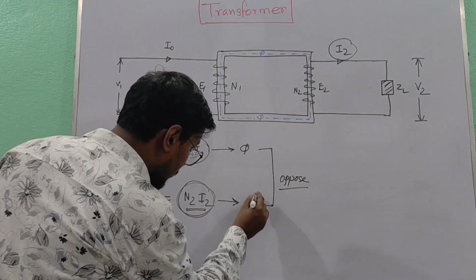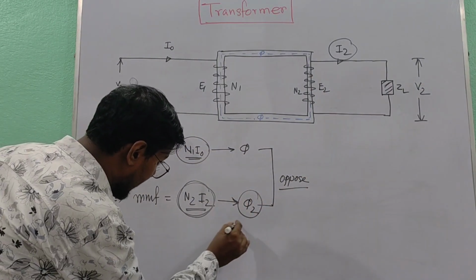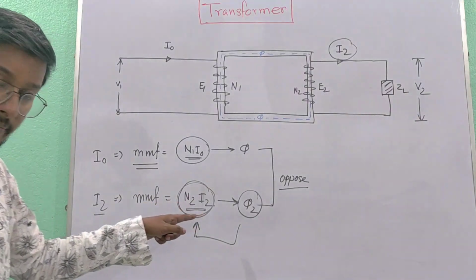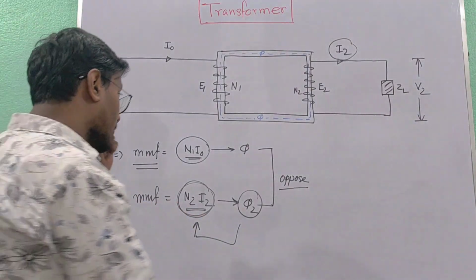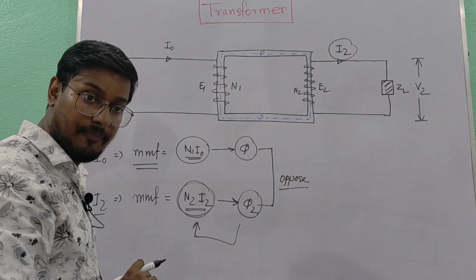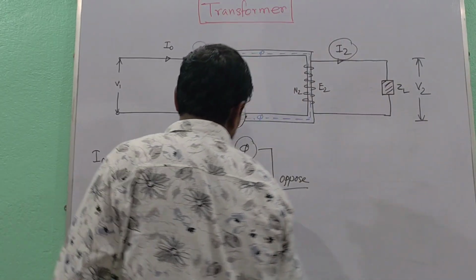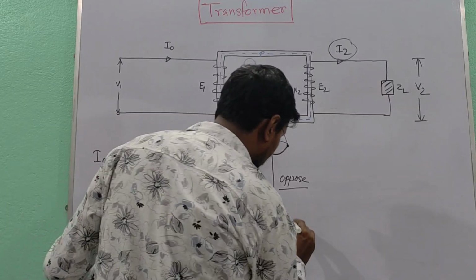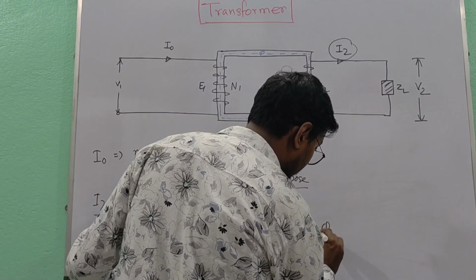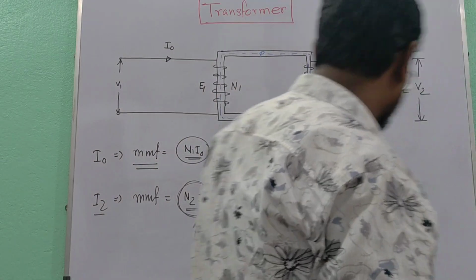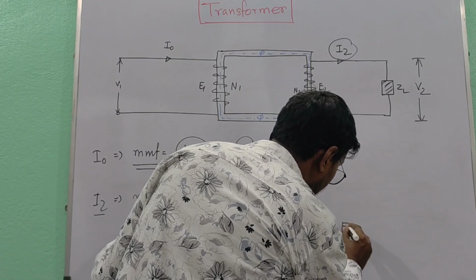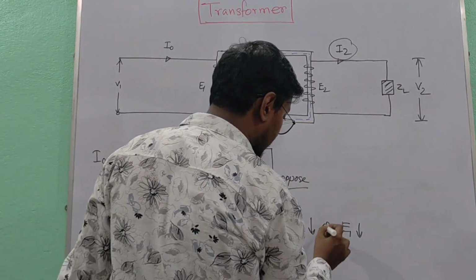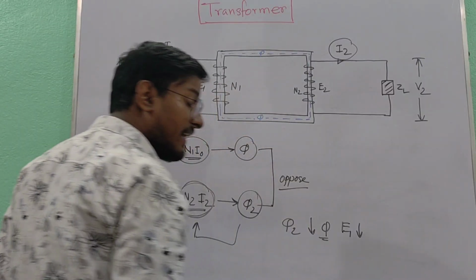That means phi 2, produced by the demagnetizing ampere turns of secondary current I2, that is N2 I2, will oppose the main flux phi and try to weaken it. And hence the primary back EMF E1 will try to reduce. So the value of E1 depends on the magnitude of the main flux phi.